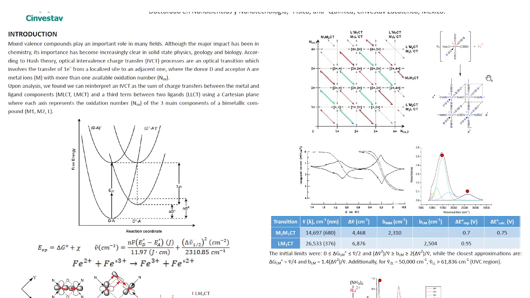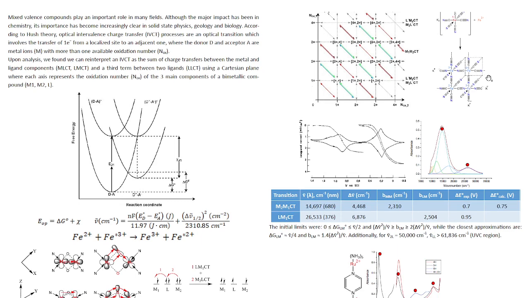The result is a framework that connects both iron species through the cyano ligands, and in this case the species has a characteristic blue color.